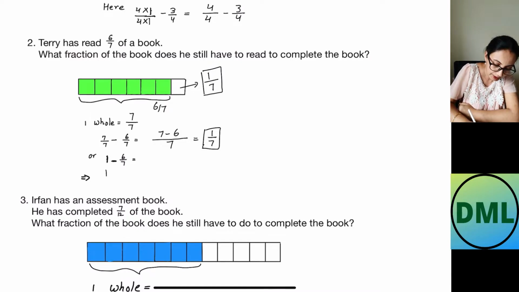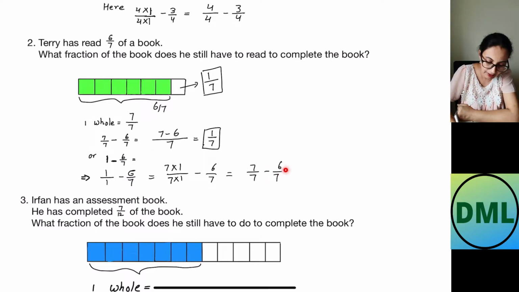Below 1, it is 1 minus 6 by 7, which will be equal to, I need to multiply 1 by 7 because I need to make the denominator 7. So let's multiply it in the numerator also, minus 6 by 7. That will be written as 7 by 7 minus 6 by 7, which is the same as what we solved earlier to get the answer as 1 by 7.